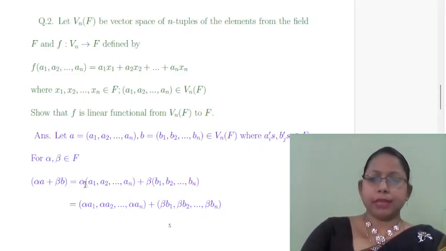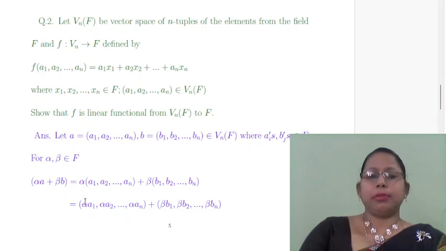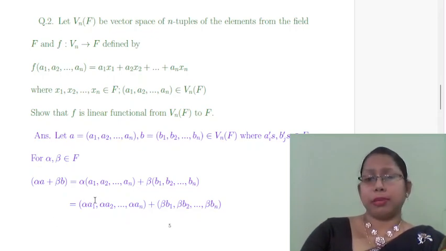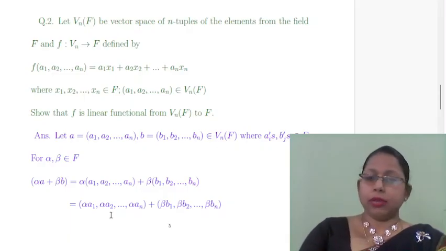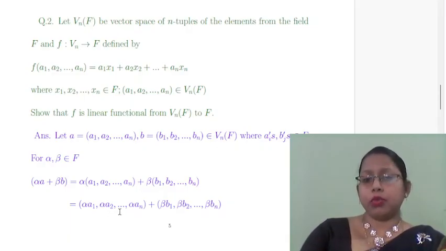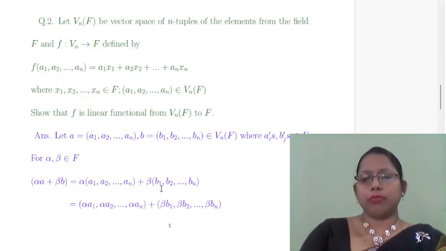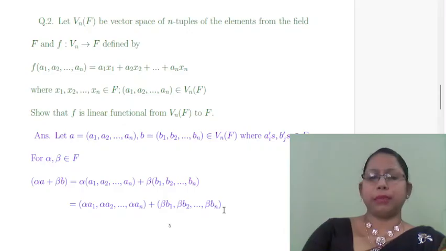In the next step, bring this alpha inside by the property of scalar multiplication in Vn. This will give you (alpha a1, alpha a2, dot dot dot alpha an) plus (beta b1, beta b2, dot dot dot beta bn).